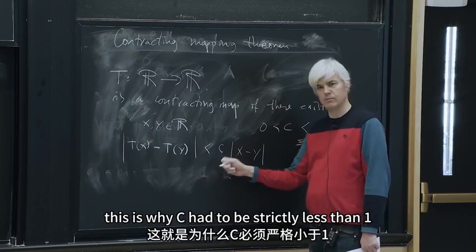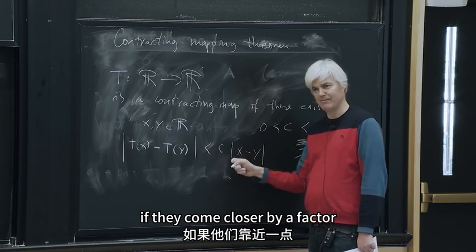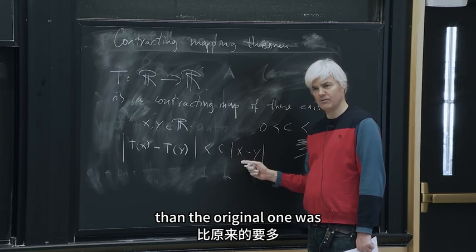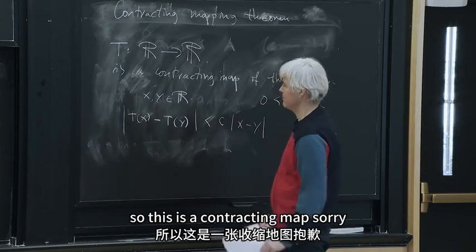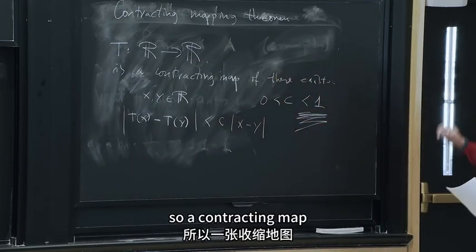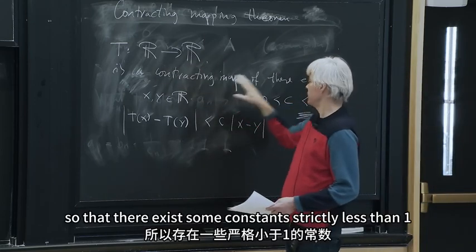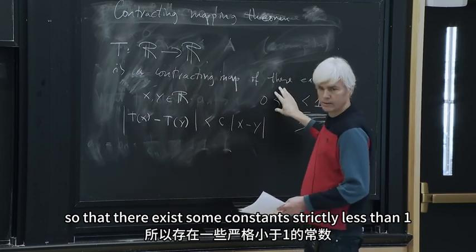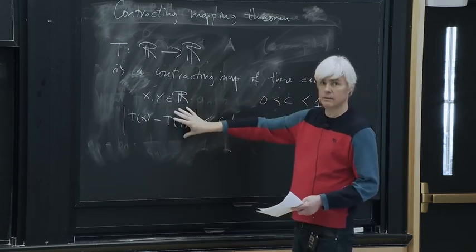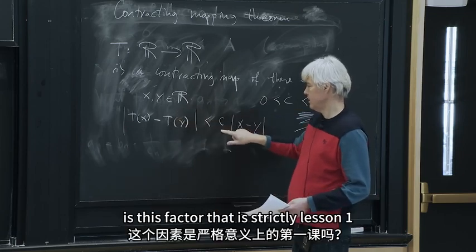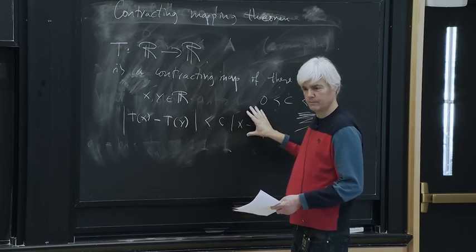This is why C has to be strictly less than 1. So a contracting map is a map from R to R such that there exists some constant C strictly less than 1, so that for all X and Y, the difference between the images is this factor, strictly less than 1, times what they were originally.